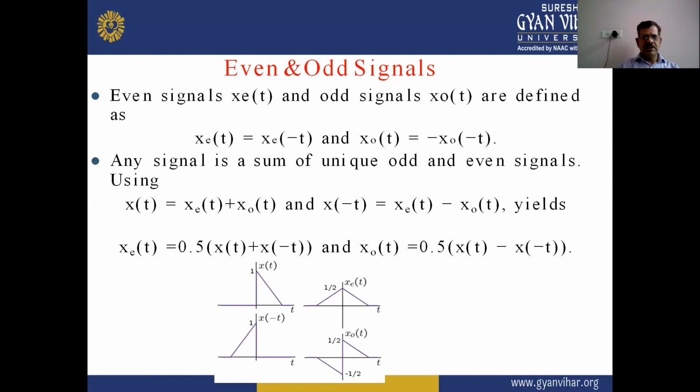Any signal is a sum of unique odd and even signals: x(t) = x_e(t) + x_o(t), and x(-t) = x_e(t) - x_o(t), where x_e(t) = 0.5[x(t) + x(-t)] and x_o(t) = 0.5[x(t) - x(-t)].